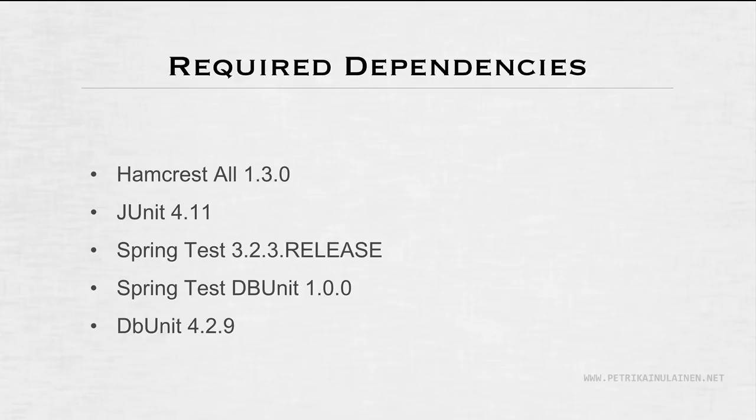JUnit 4.11, Spring Test 3.2.3.RELEASE, Spring Test DbUnit 1.0.0, we'll use Spring Test DbUnit to integrate DbUnit with the Spring Test framework. We also need to add DbUnit version 2.4.9. Let's take a look at our POM file.